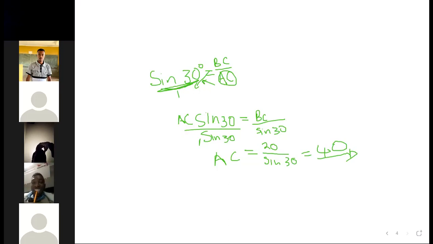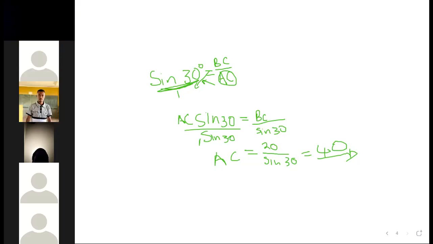Stop. 4.1.2. CAD. Do we know what CAD is? Which triangle does it lie in? The middle one. Give me the triangle.